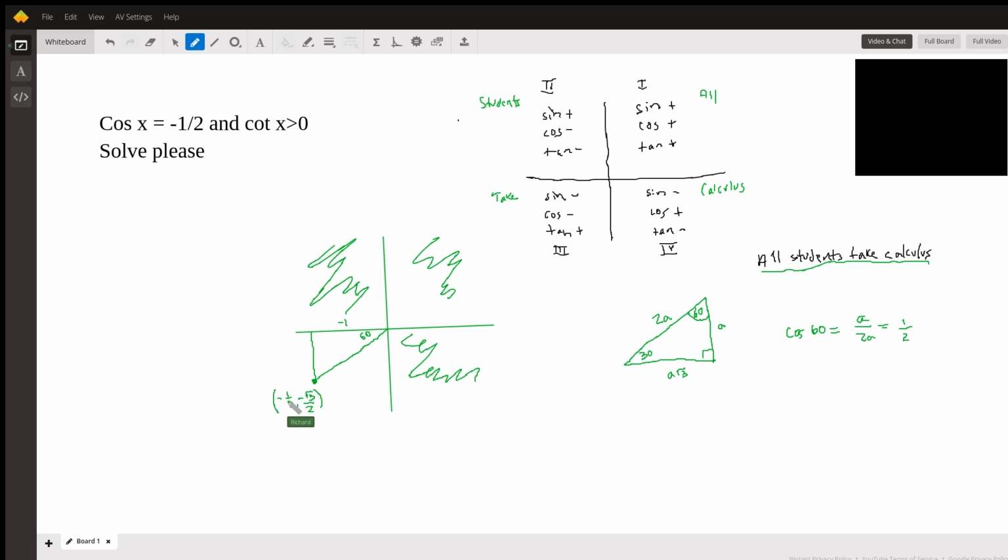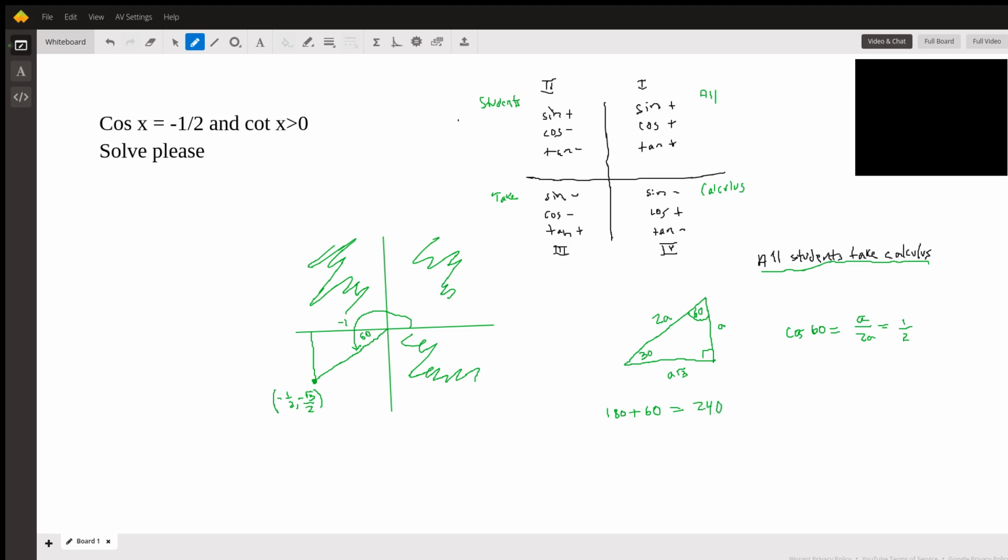Because it's cosine comma sine on the unit circle, I want this angle here. So this is the reference angle. The angle of interest is going to be 180 plus 60, which is going to be 240, and that's our answer.